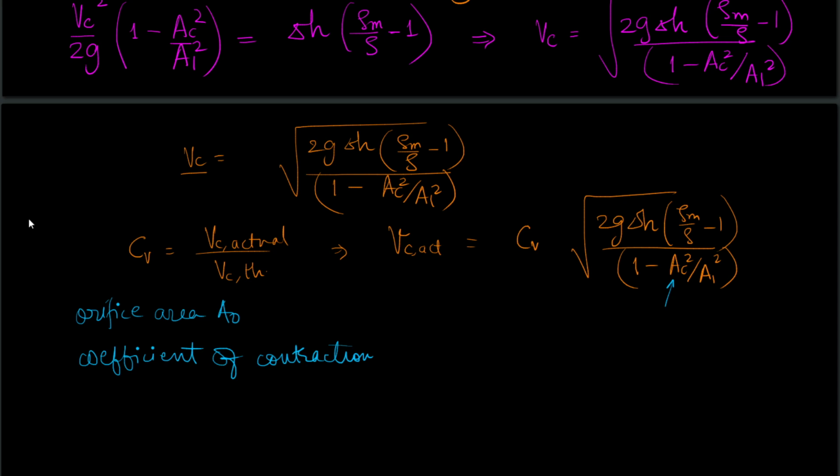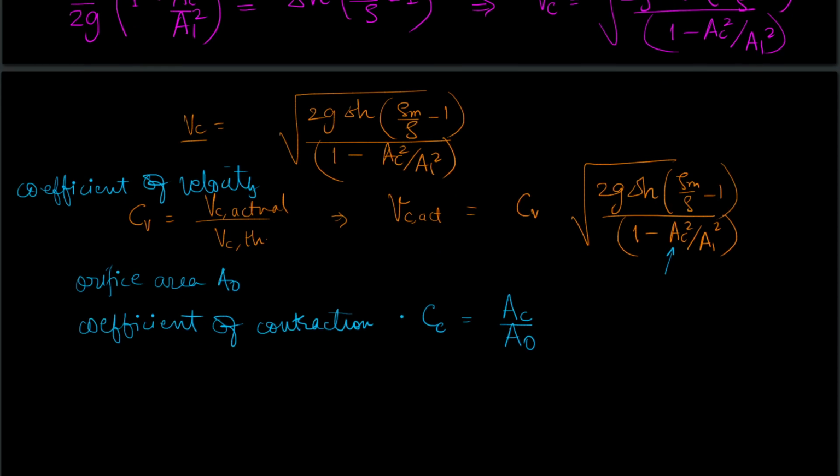The earlier coefficient was called the coefficient of velocity, while the coefficient of contraction is given by Cc, and it is the area of the contraction divided by the area of the orifice. So AC is the area of the vena contracta.